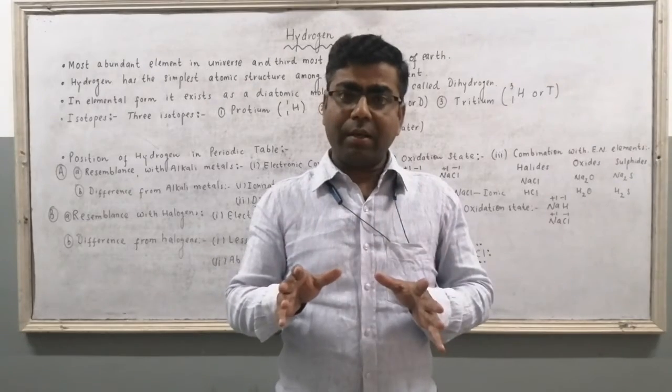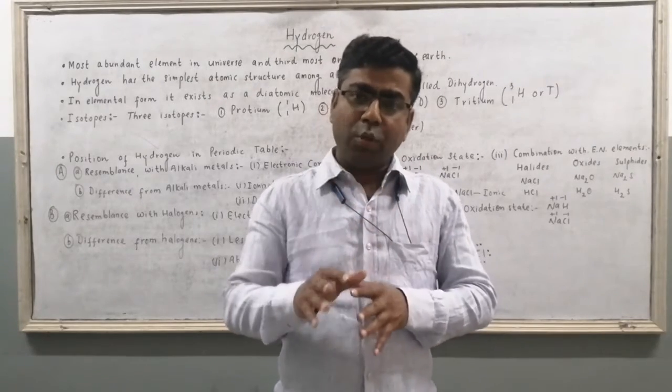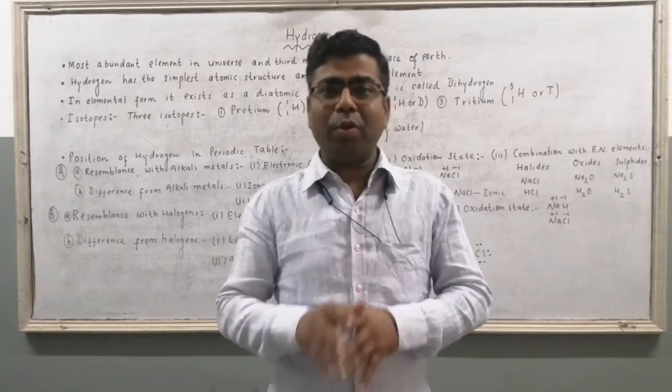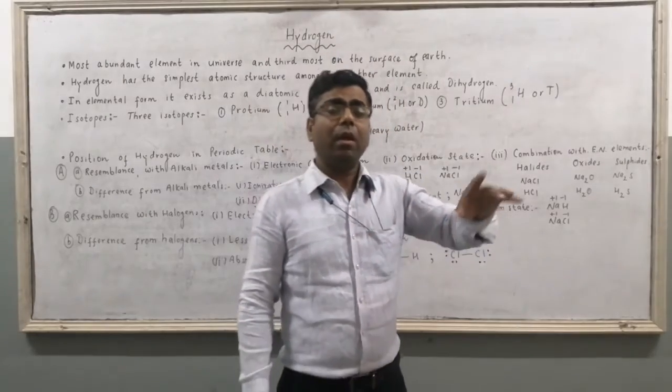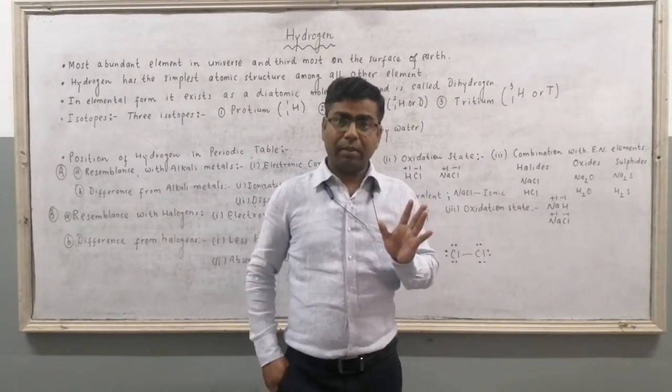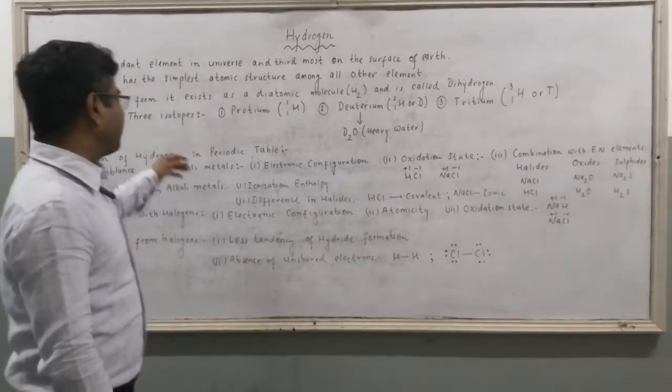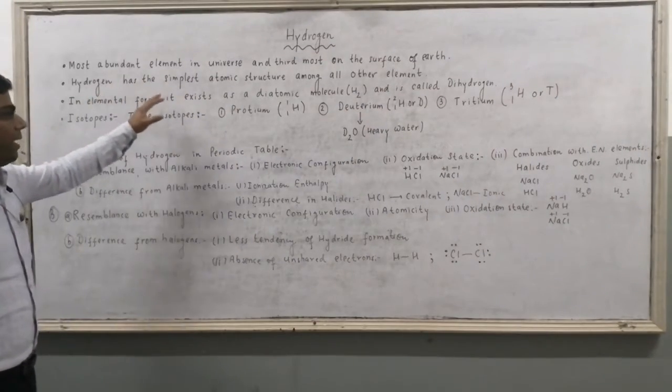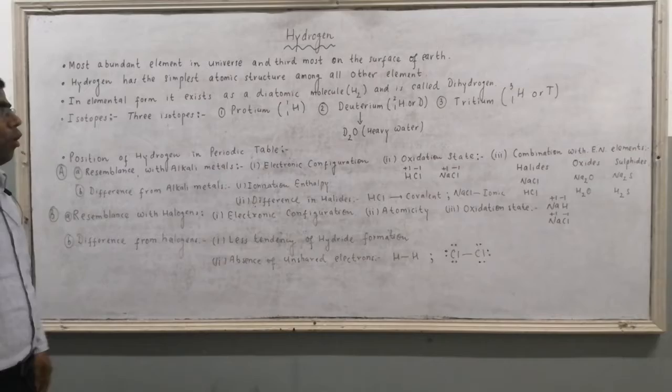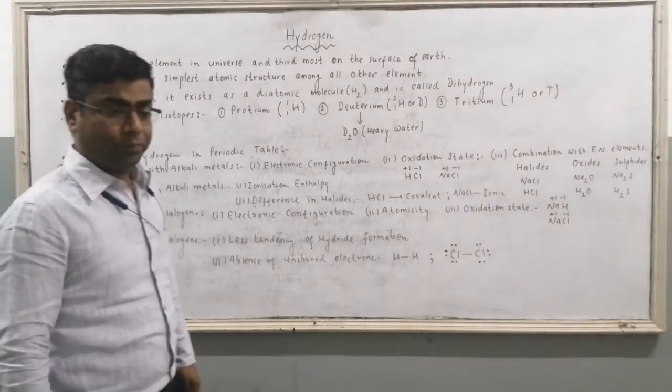Hydrogen is having one proton inside the nucleus, and outside the nucleus in the extranuclear region we are having one electron. That's why this statement is written, hydrogen has the simplest atomic structure among all other elements.